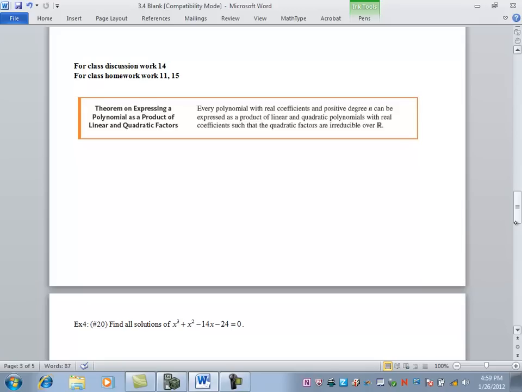So let's see here. As we move ahead, now we're going to look at our next theorem. This is a theorem on expressing a polynomial as a product of linear and quadratic factors.